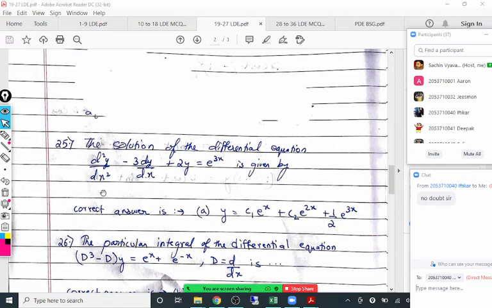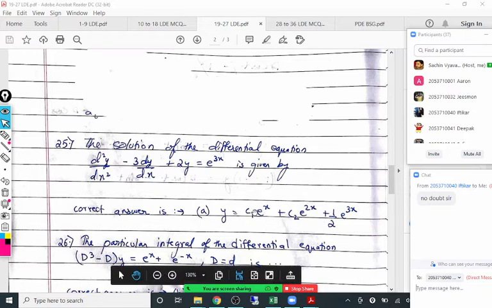25th, the solution for this is the second order differential equation. Now this question has both CF and PI. So if by chance a question comes like this, you will observe the first part. The first two terms give us the CF, and the last part is the PI. So you have to calculate everything, for 1 mark, for 1 MCQ.